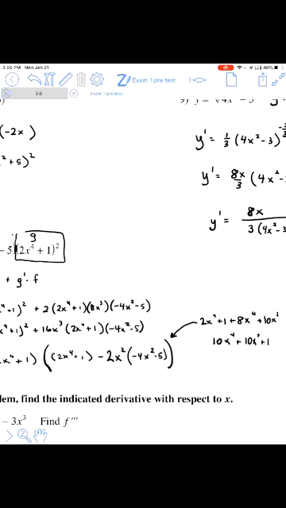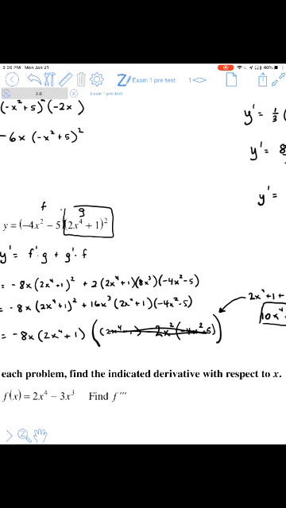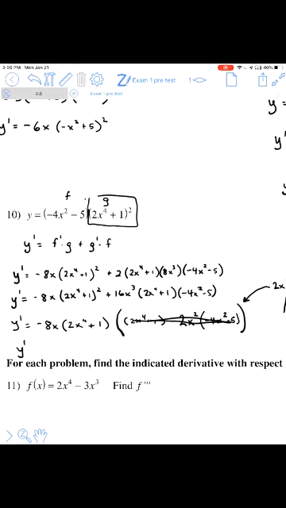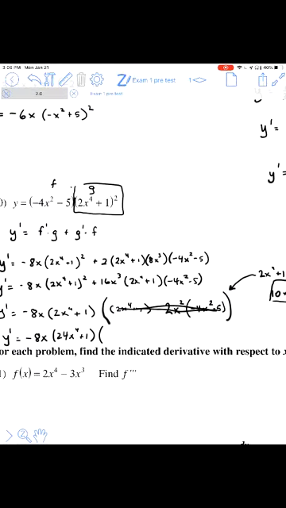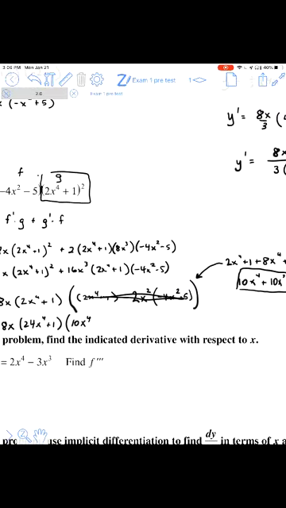So this right here would replace all of that. So the final version of this answer is the negative 8x times 2x to the 4th plus 1, and then we've got this expression there, the 10x to the 4th plus 10x squared plus 1.